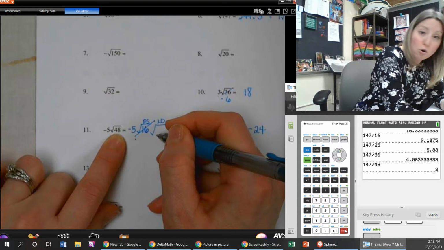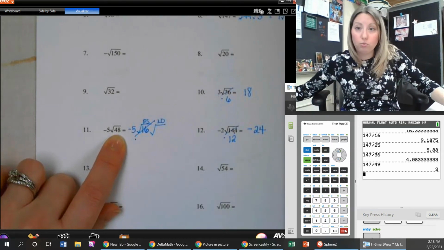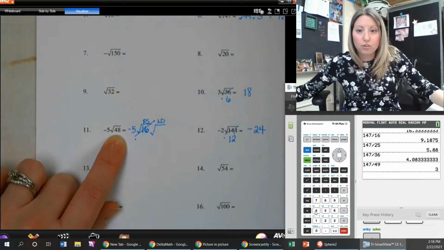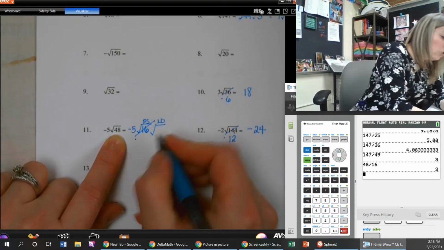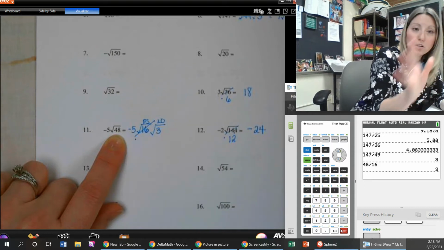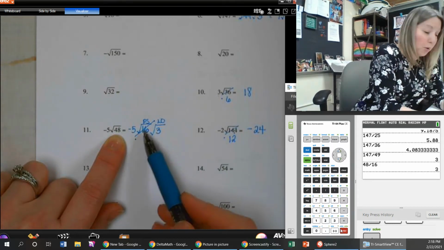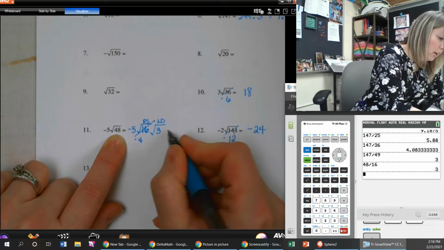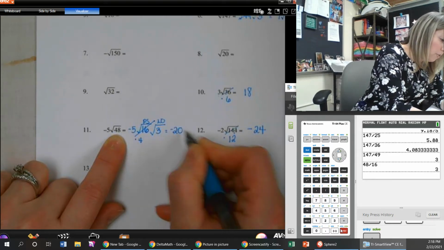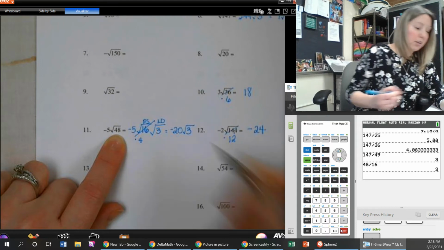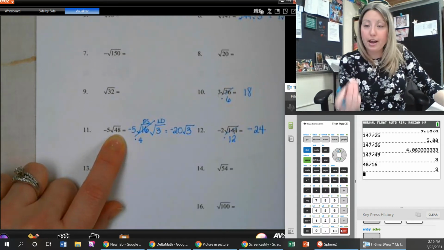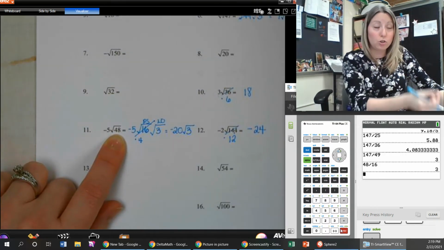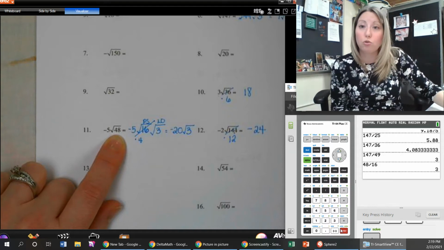The leftover, just in case you forget about this from all the factoring that we did, 48 divided by 16 gives you a leftover of 3. So this leftover still will never come out of the radical. Square root of 16 is 4. Negative 5 times 4 is negative 20. And the radical 3 leftover comes on as the multiplied attachment at the end. Negative 20 radical 3 is your final answer there.